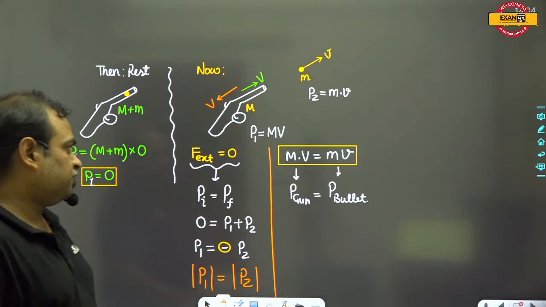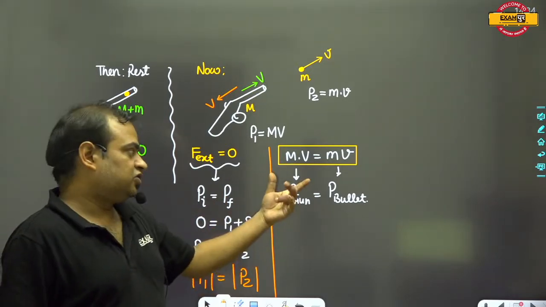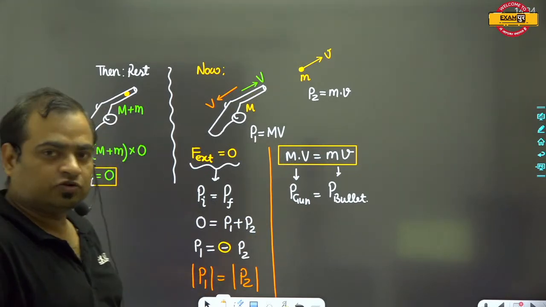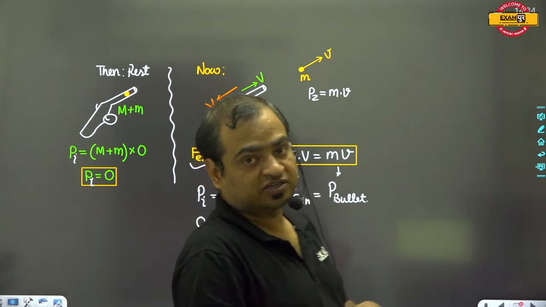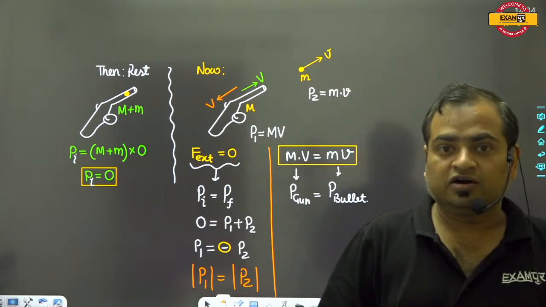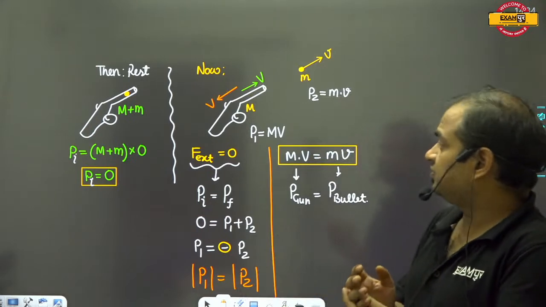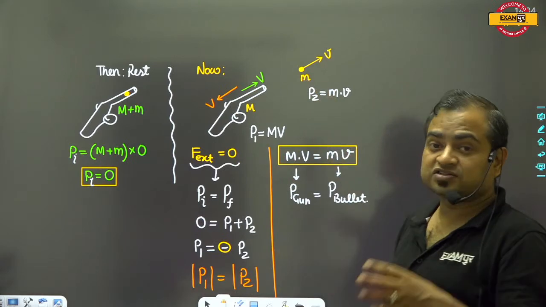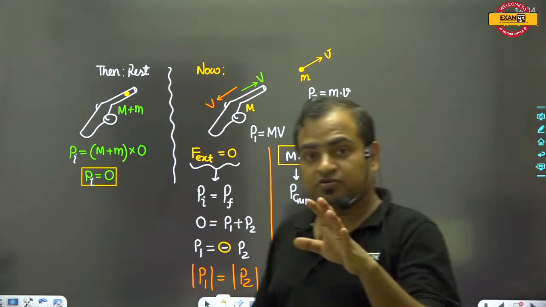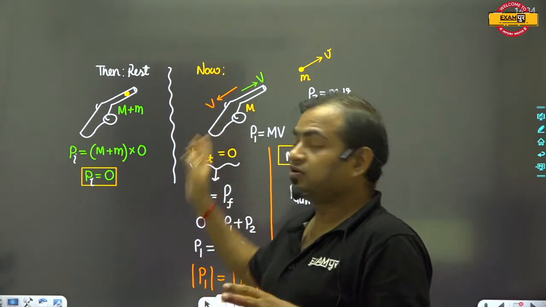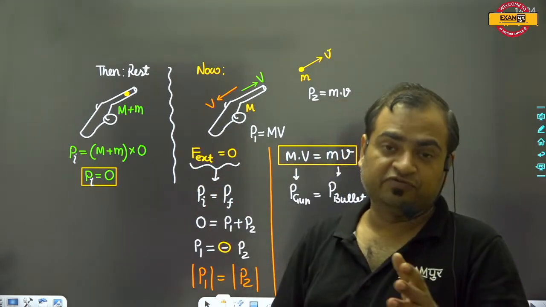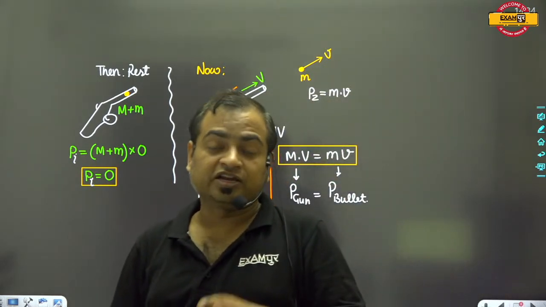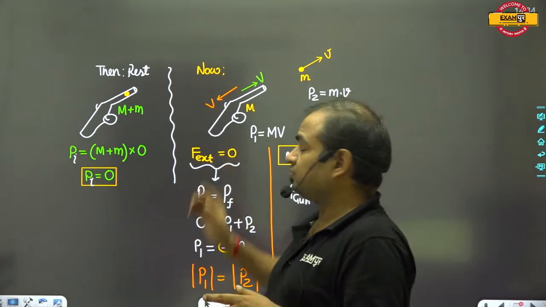So if you get any question in the exam, it will depend upon this formula. Few years ago, when I was teaching in an offline batch in Mukherjee Nagar, I gave an example in class: a bullet of mass 20 grams was fired from a gun of 2 kilograms with a velocity of 200 meters per second. Then calculate the recoil velocity of the gun.